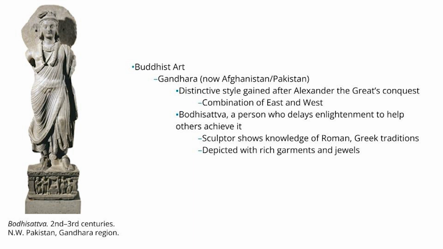And this is a sculpture of a bodhisattva. Now, the sculptor here shows knowledge of both Roman and Greek traditions, but is also meshing it with Indian styles and the more Eastern style of sculpting as well.